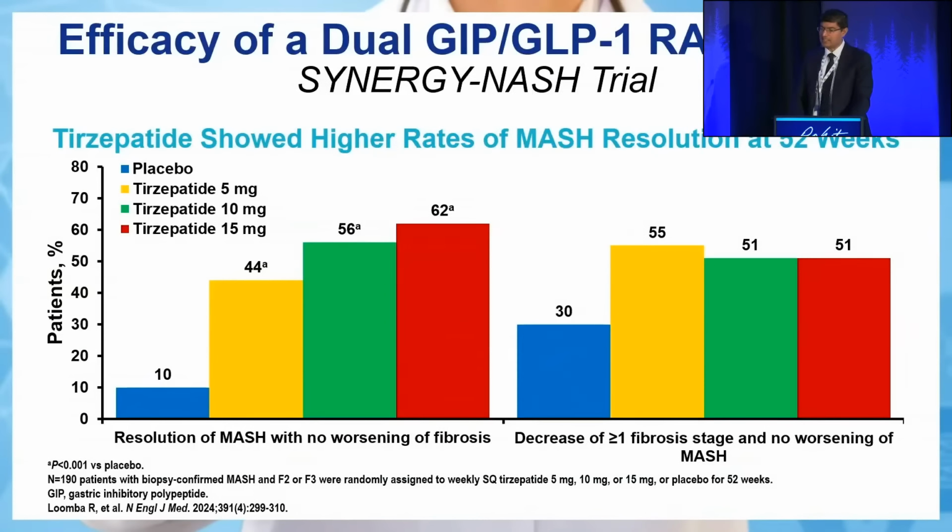This is looking at SYNERGY-NASH, again, the phase 2b trial that we published last year, looking at tirzepatide with 3 different doses, 5 milligram, 10 milligram, 15 milligram, sub-Q weekly compared to placebo. You can see that there is a significant improvement to the left on resolution of MASH without worsening of fibrosis compared to placebo, and also decrease in fibrosis stage without worsening of MASH to the right compared to placebo.